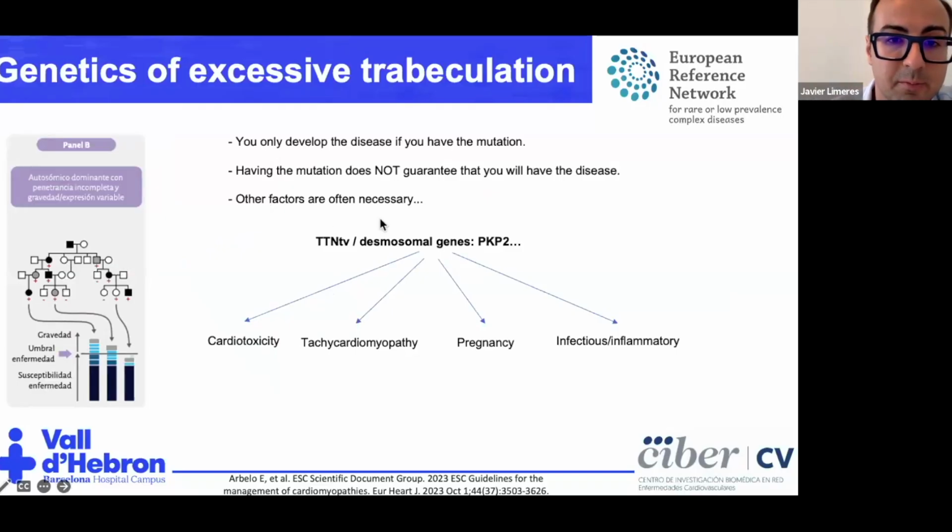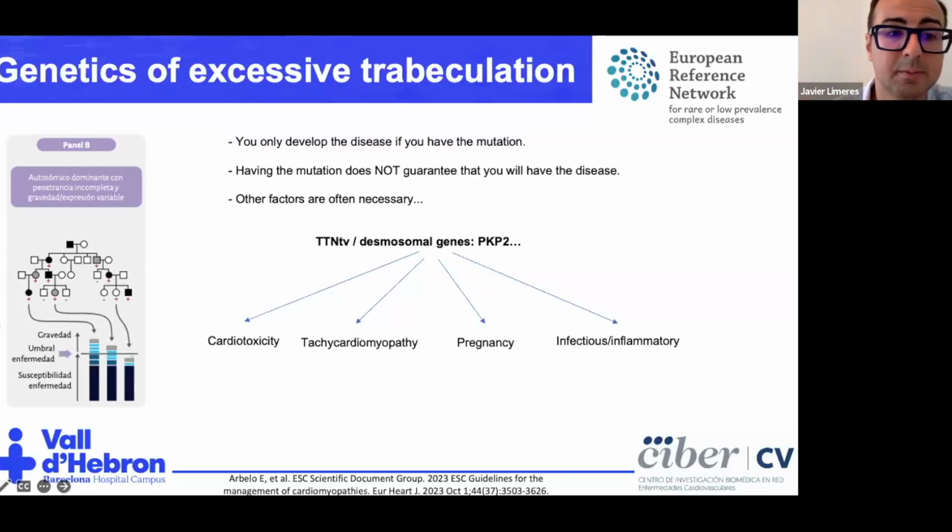This is clear, for example, for truncating variants in TTN, where sometimes you need chemotherapy or a tachycardiomyopathy, or an overlap of a trigger like pregnancy or other inflammatory disease to develop the disease. No?